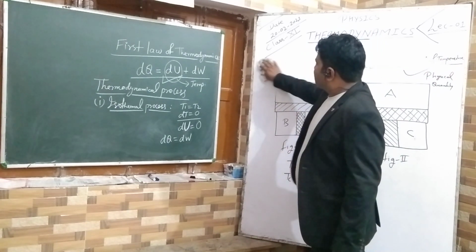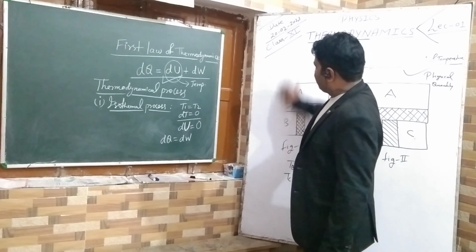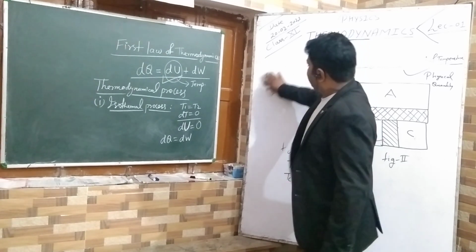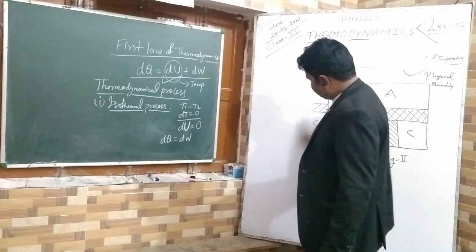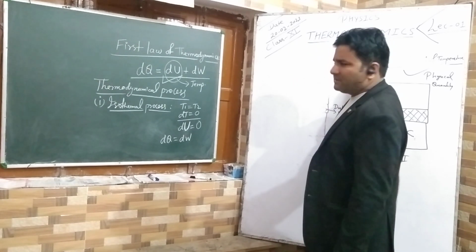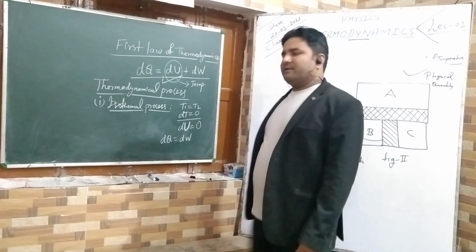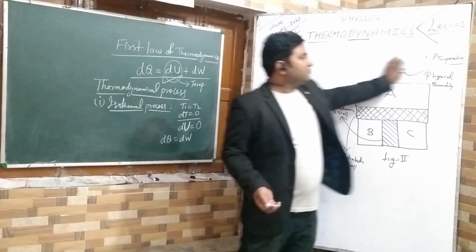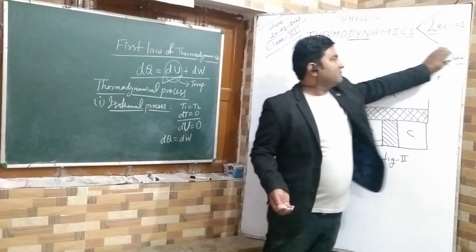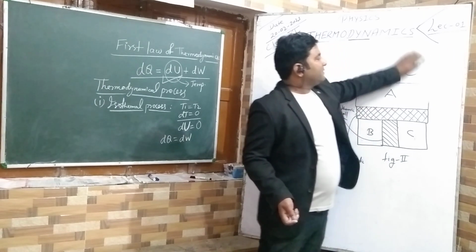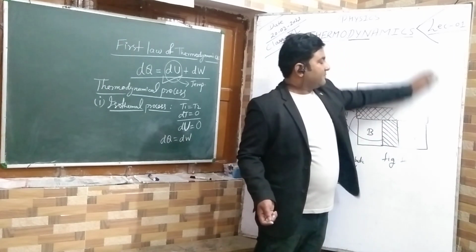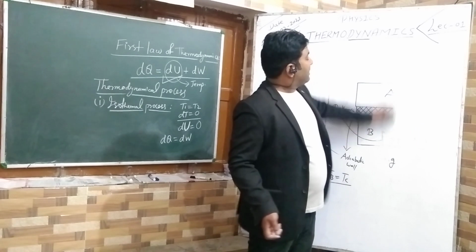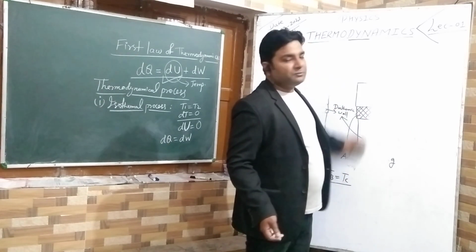And then after your isothermal process, the next one is the adiabatic process. In the adiabatic process, nothing is different, only one thing: there is no chance of transfer of heat from one body to another body or from another body to one body. Clear? Only one, the concept of change in heat, that is dQ.